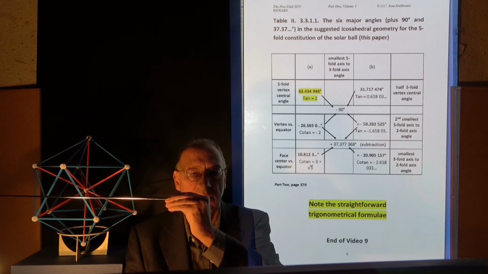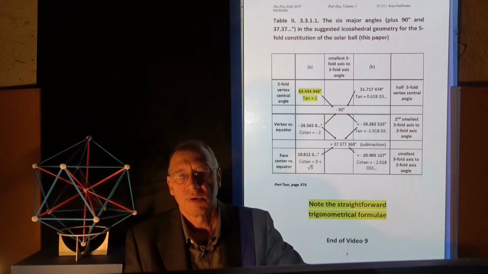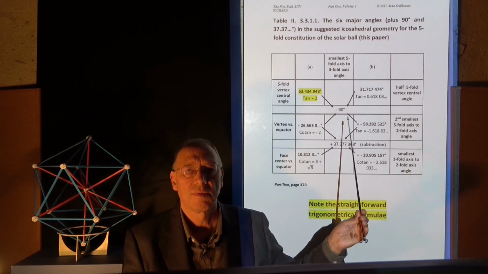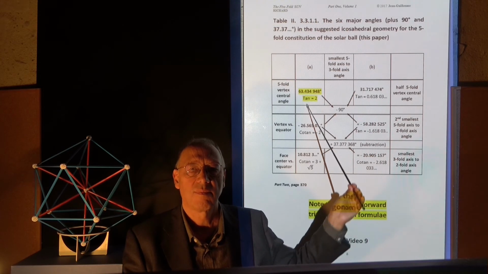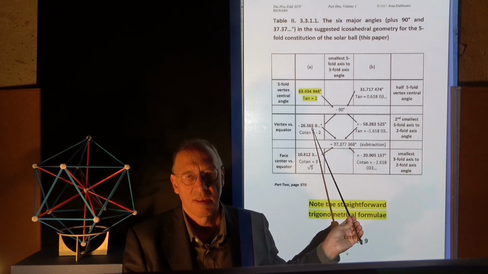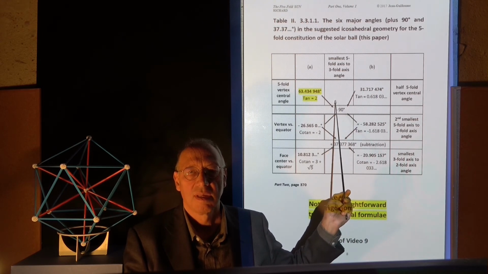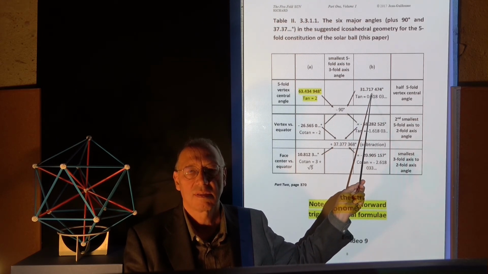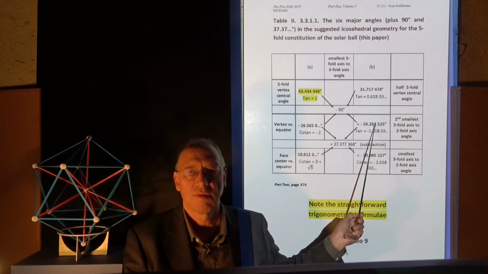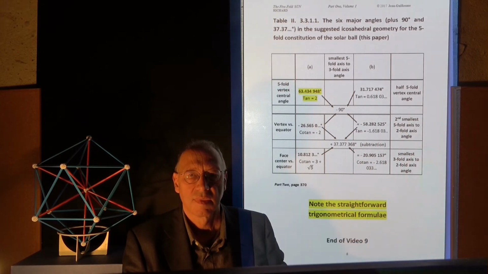And this is the same for the 5 white dots which are the vertices in the lower, southern hemisphere. So if you now look at the table, you will see that 63 plus this figure add up to exactly 90 degrees. And if we look at the other side of the table, these two values also add up to 90.